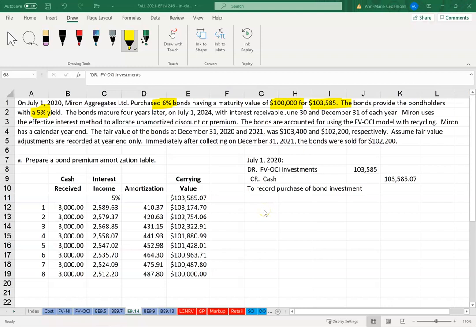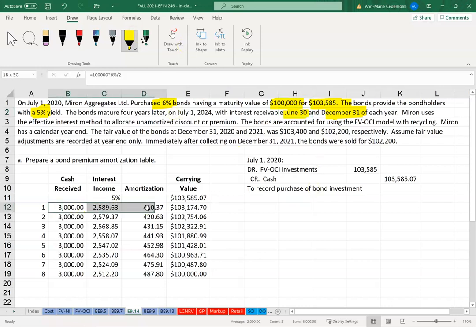So now December 31st comes along, and that's when I'm going to receive my first interest payment. My bonds are paying interest on June 30th and December 31st, and luckily December 31st is my year end, so I don't have to worry about any interest accruals.